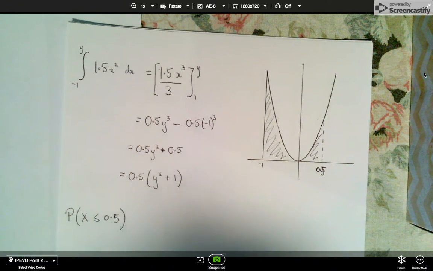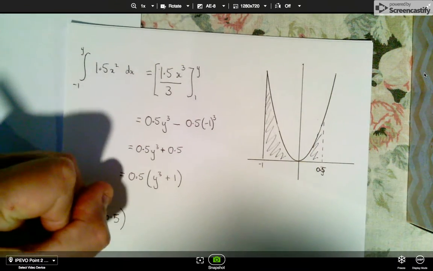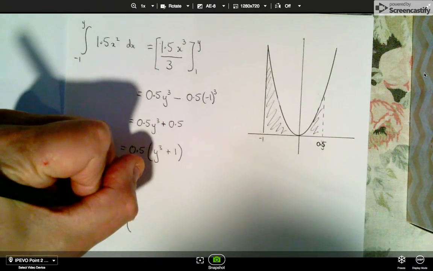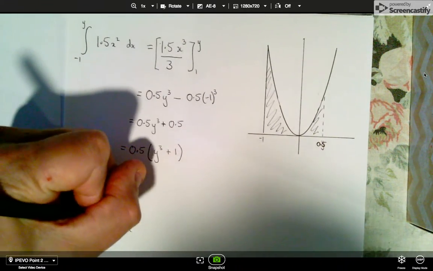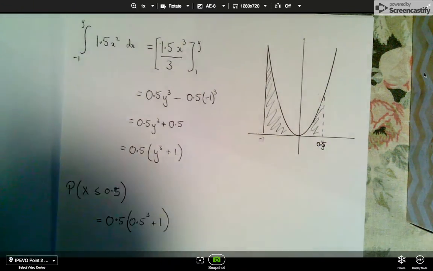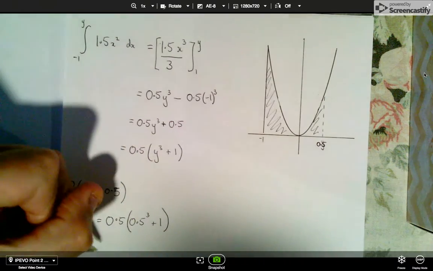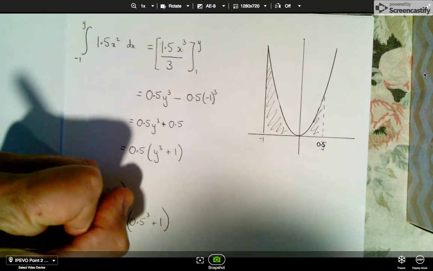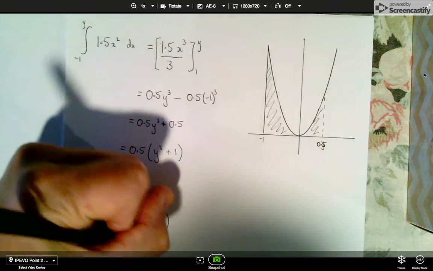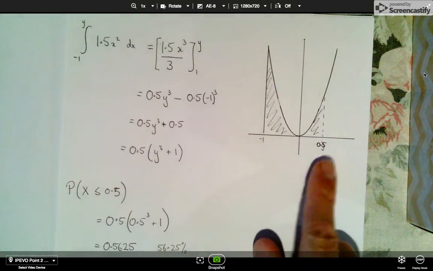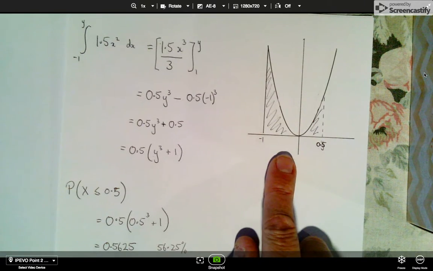So to find the probability that x is less than 0.5, that is just going to be 0.5 times, instead of y, we're going to put 0.5 in, 0.5 cubed plus 1. And we've got a calculator. We can do that on the calculator, and what we get is 0.5625. So about 56.25% of the time, our value is going to be less than 0.5.